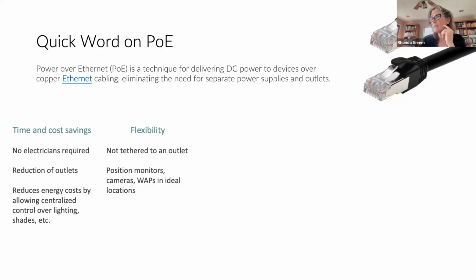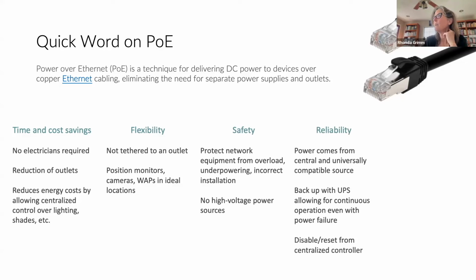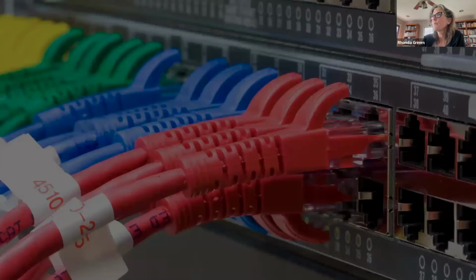It takes very little energy. It's very flexible. You can move things around, cameras, wireless access points, wherever you need it. It's very safe and very, very reliable. And you can get UPS backups in the event of power failure. And it's scalable. You can install and distribute this pretty simply and effectively.